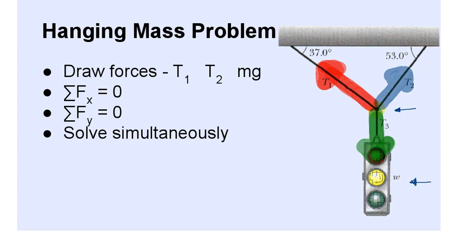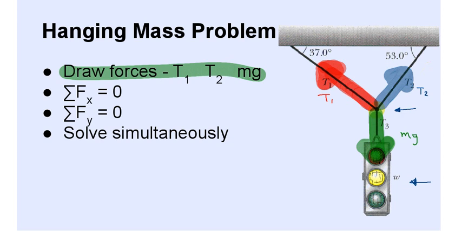And so the first step here was to draw the forces, T1, T2, mg. We have done that. We'll label them here just to make everything happy. This again is T1, tension number 1. Over here is T2, and then right here I've got the weight mg acting down.